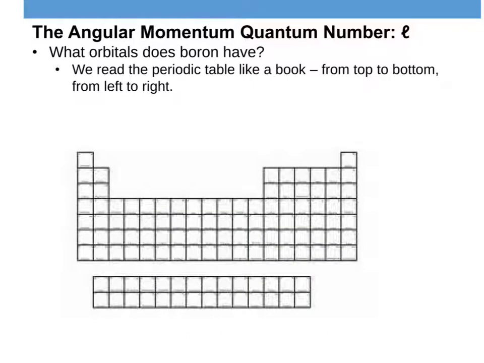So I could ask, what orbitals does boron have? If I look at the periodic table, boron's right here. Since I'm reading this like a book, I'm going to start here and read across. I just went through the S block, so this would be 1s.